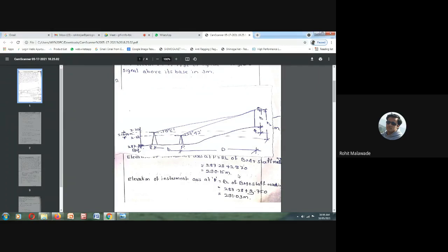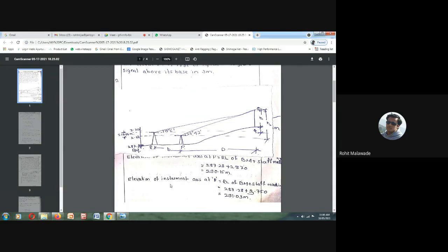At first, we are going to determine the RL of point P.